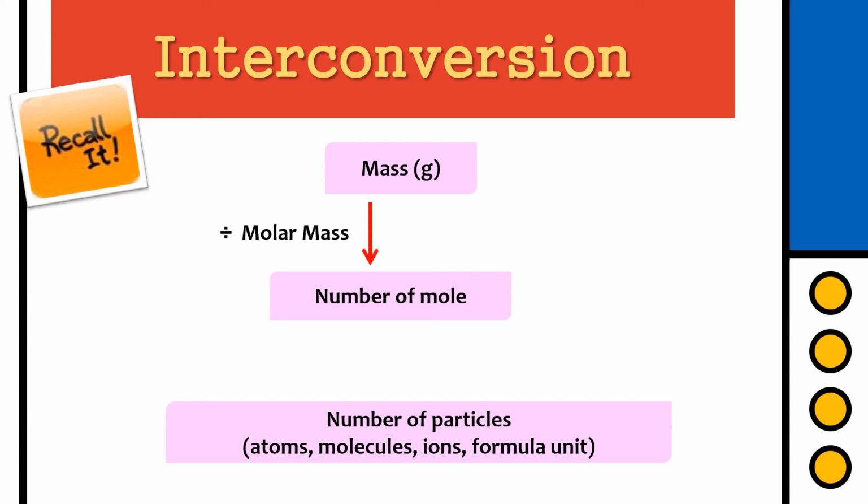So, from mass to number of mole, we want to find number of mole, mass divided by molar mass. So, mass divided by molar mass will give number of mole. And then it will be vice versa. Vice versa means to get mass, number of mole times molar mass.